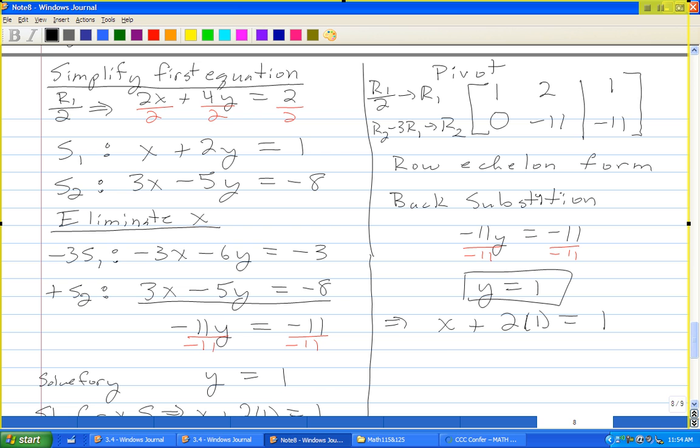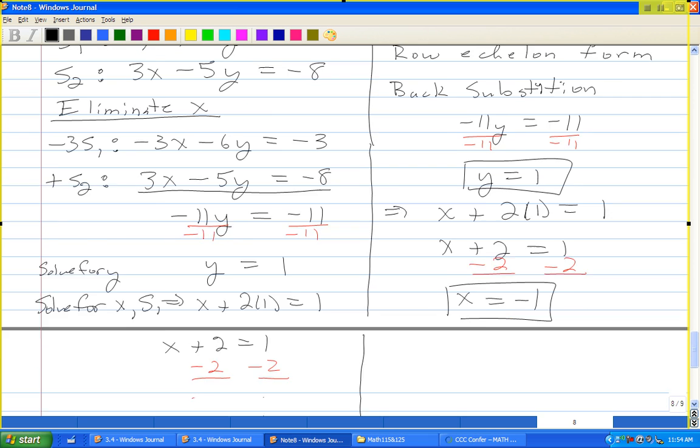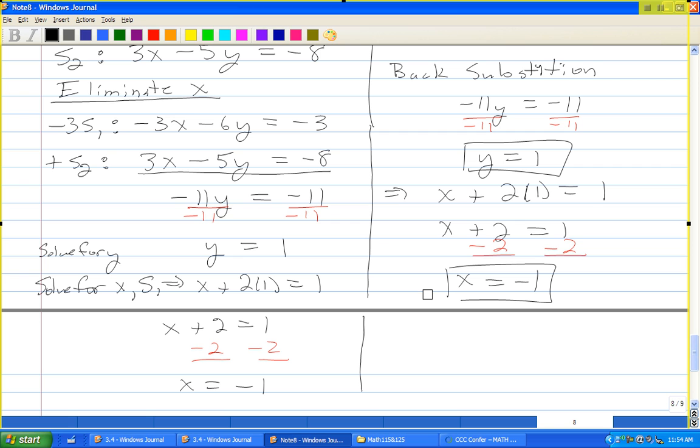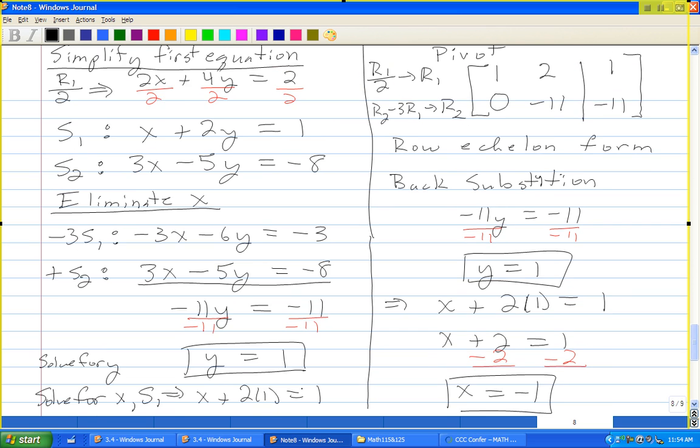And so I have x plus 2 equals 1. Subtract 2 from both sides. So x equals negative 1. And so again, we get the same solution. And you notice same steps.